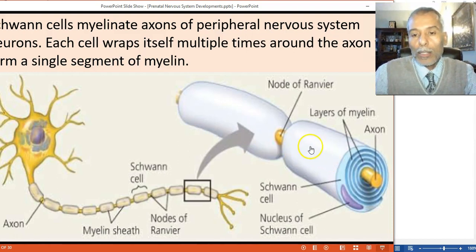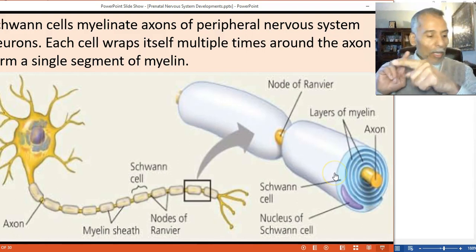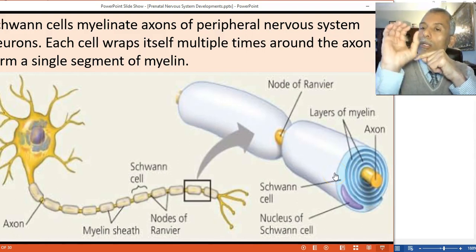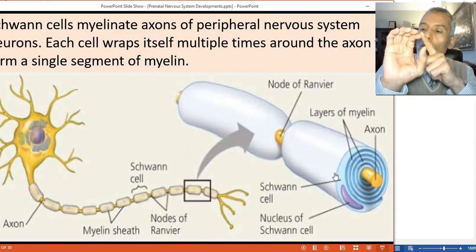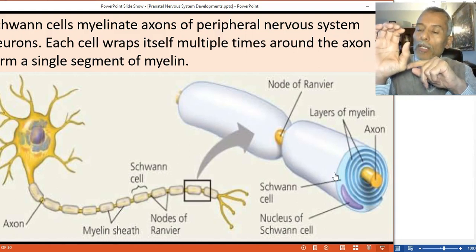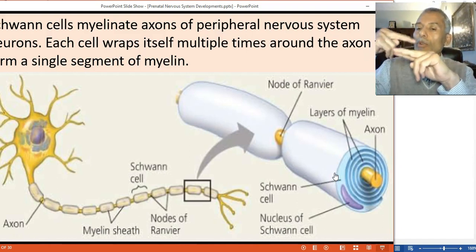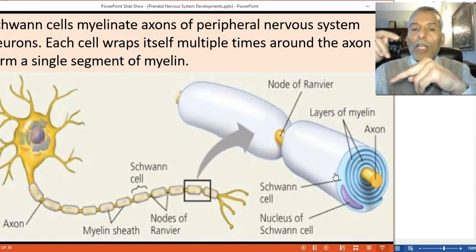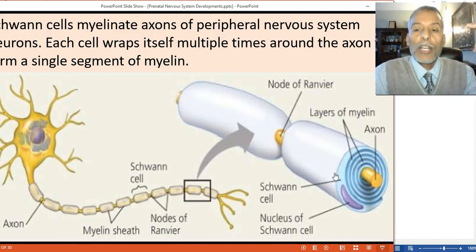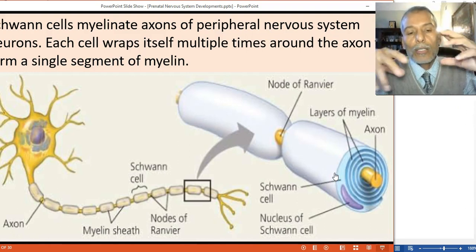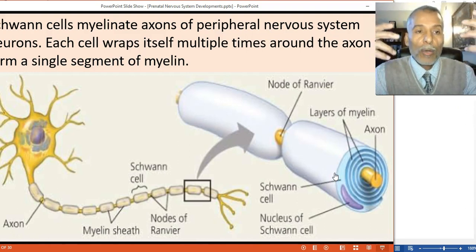So the Schwann cell grows like a little piece of a structure, it gets curved at the beginning, and then it wraps itself around the axon, and it continues to wrap itself and wrap itself and wrap itself. It goes up to 16 layers. And depending on the number of layers that you have, that is going to determine the functions that the person is able to perform.